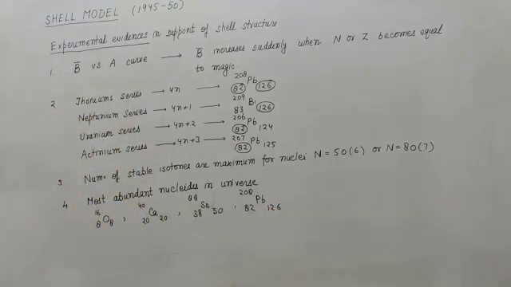So these are a few examples of the most abundant nuclides observed in the universe.